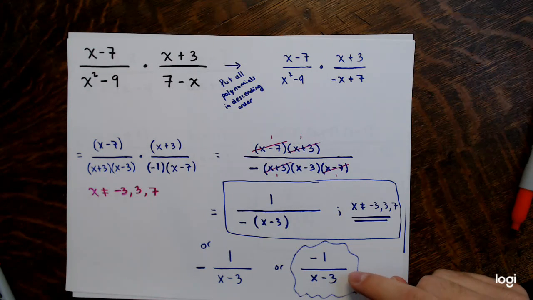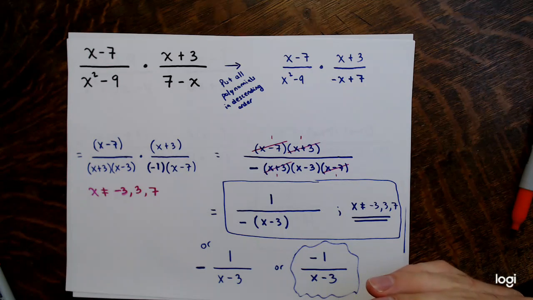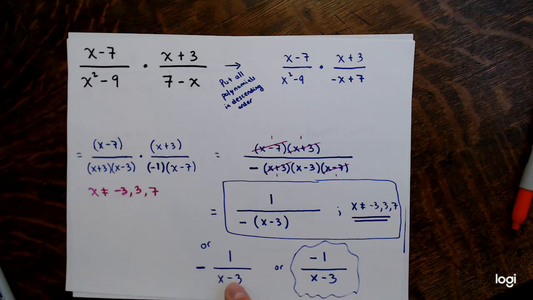Then down here, if x were 0, you'd have 0 minus 3, so -3 in the denominator, and then -1 divided by -3, a negative divided by a negative, would be +1/3. Same thing here: you do 0 minus 3, and the opposite of that gives you -1/3, and then the opposite of that would be +1/3. And here 0 minus 3 is -3, and you take the opposite of that as +3.